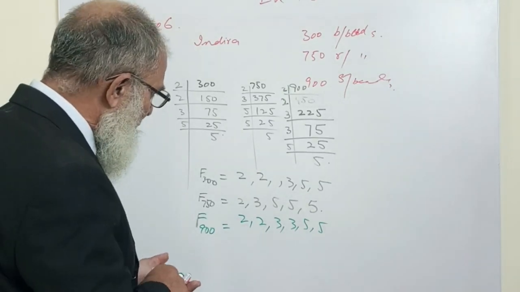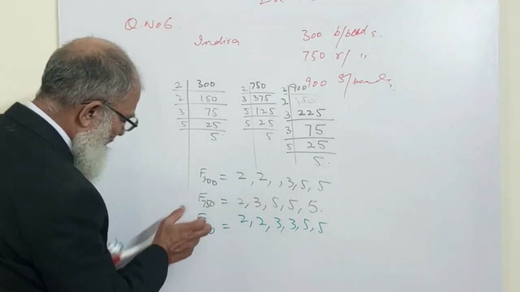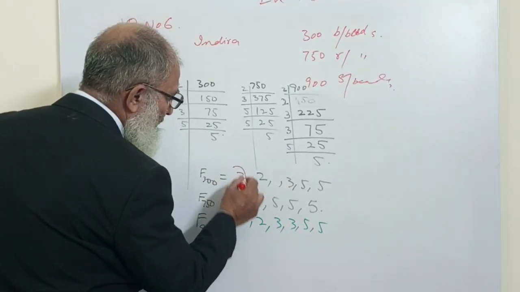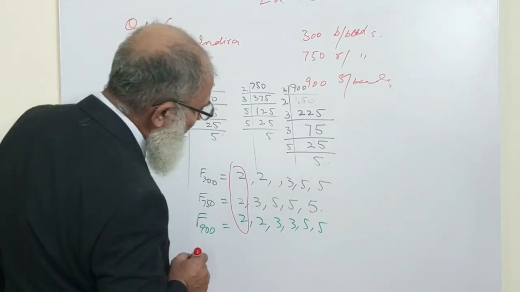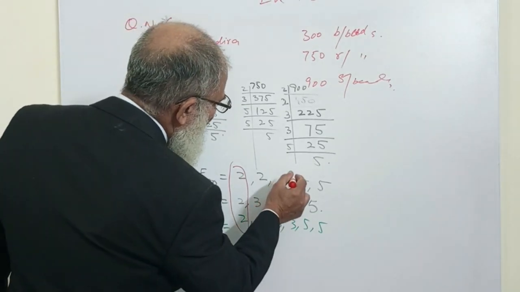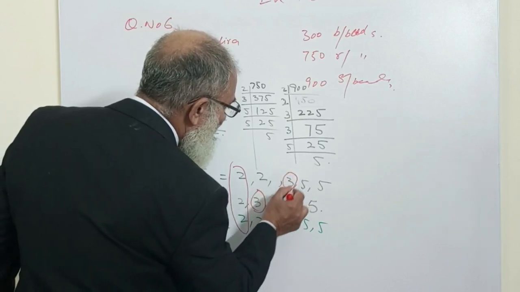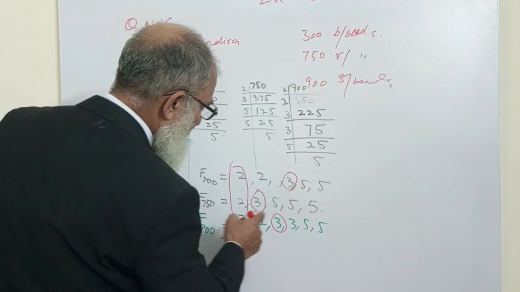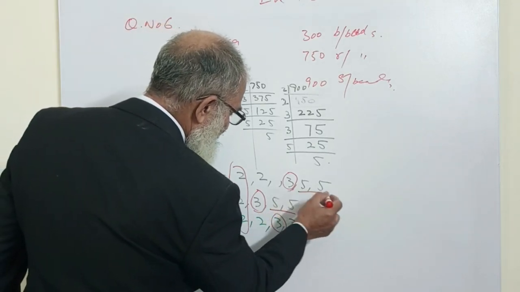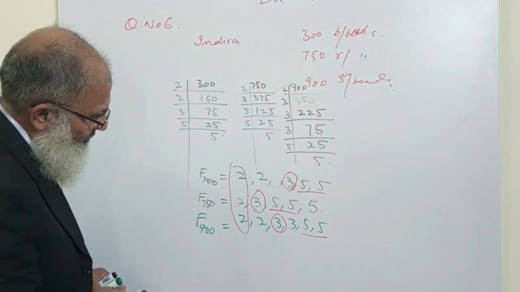Now I have to find the common factors between the 3. Common factors are: this row is common, this is common, and 2 5s, 1 5 pair, this pair, and this pair. These are all common.